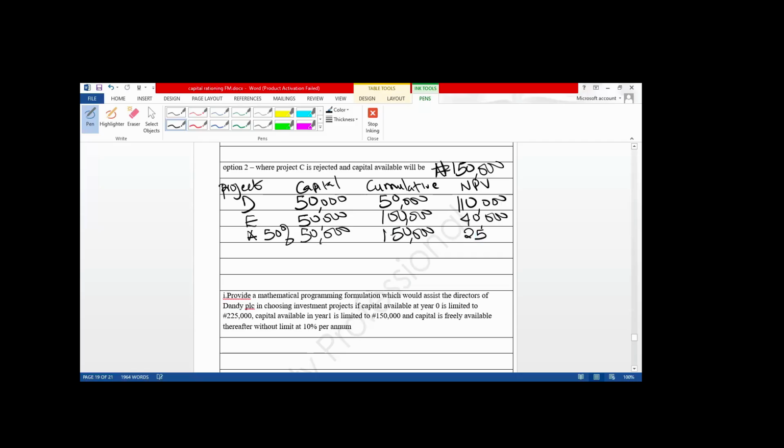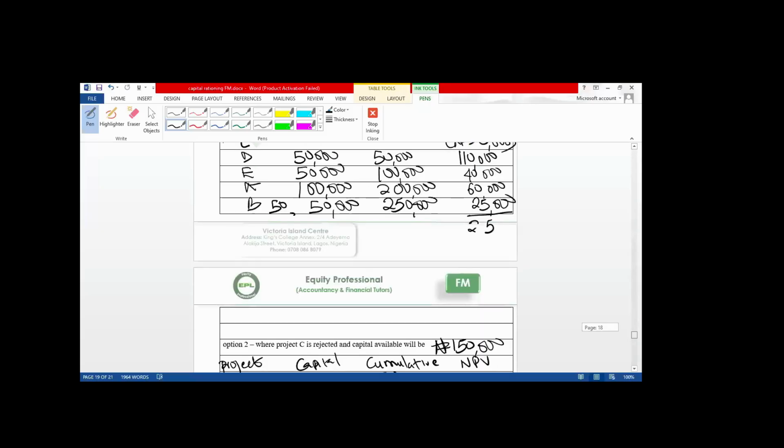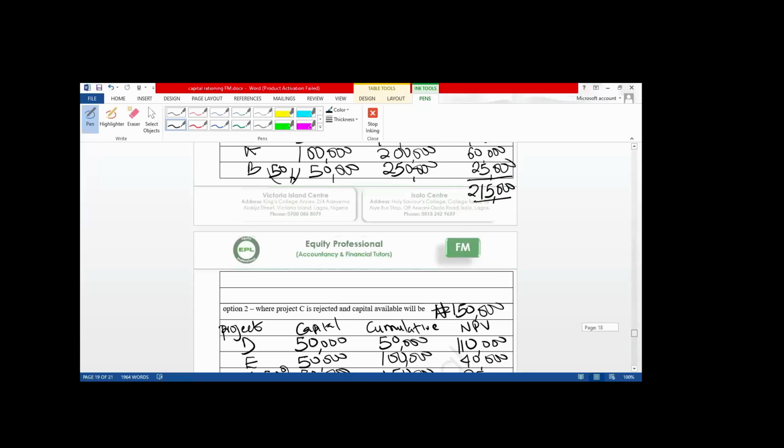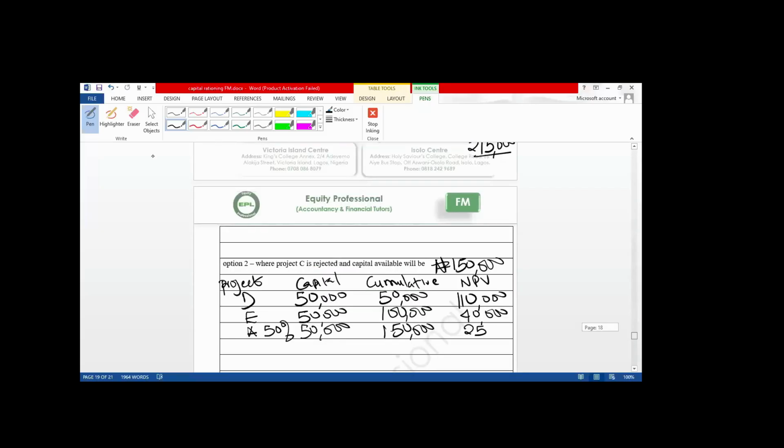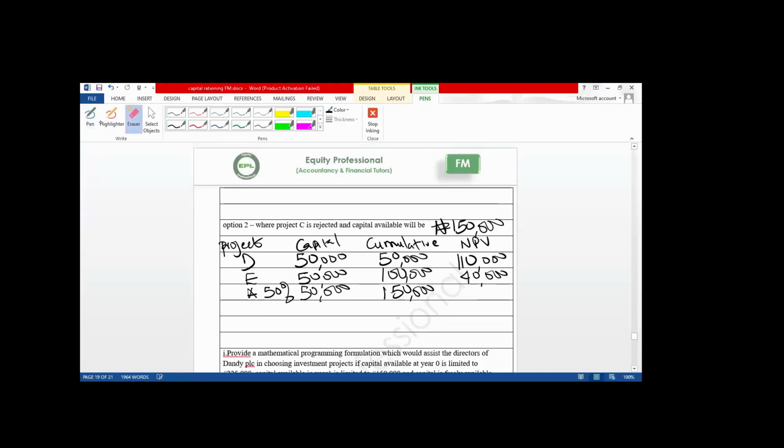Then accept 50% of project A NPV. Let's go check. That is 30,000. Sum up. This is 180.